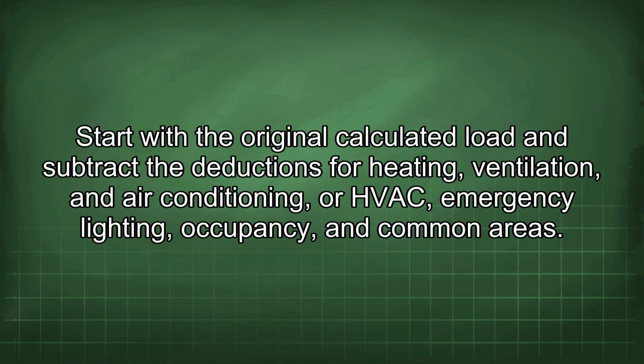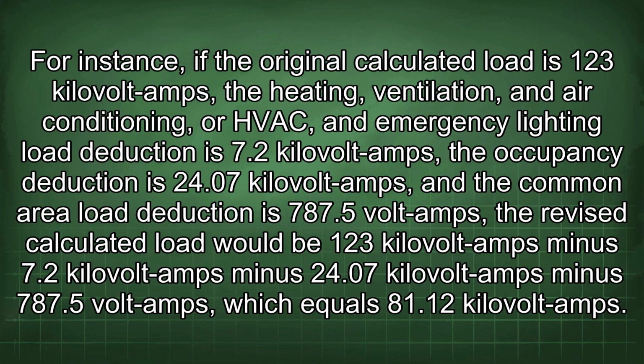Start with the original calculated load and subtract the deductions for heating, ventilation, and air conditioning, or HVAC, emergency lighting, occupancy, and common areas. For instance, if the original calculated load is 123 kilovolt amps, the HVAC and emergency lighting load deduction is 7.2 kilovolt amps.